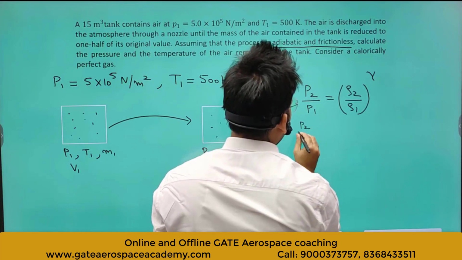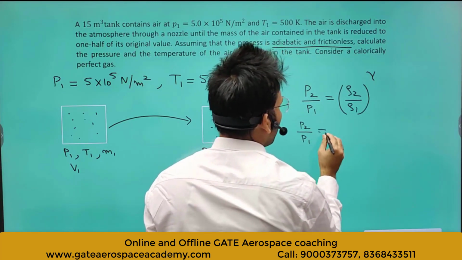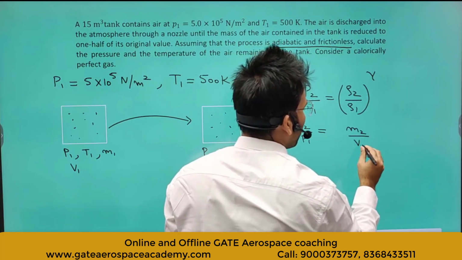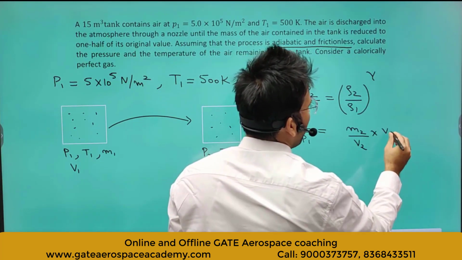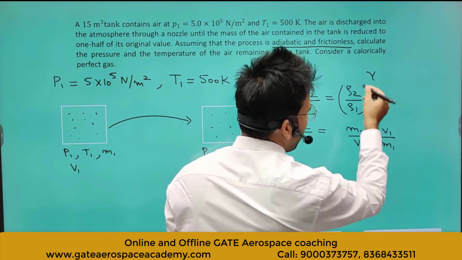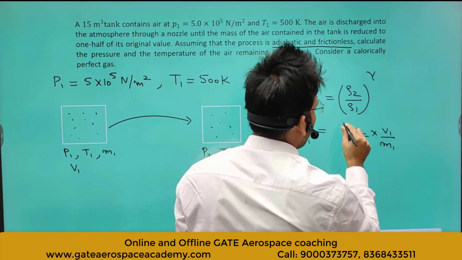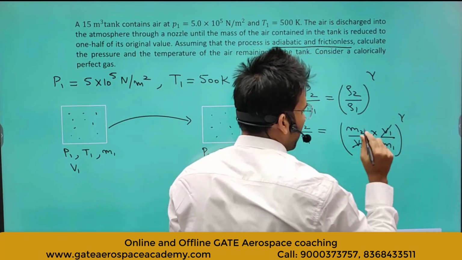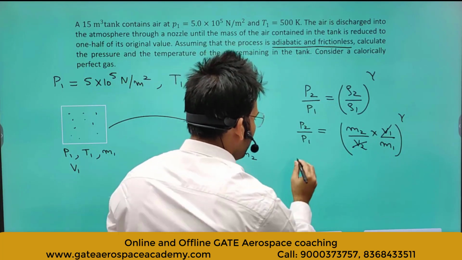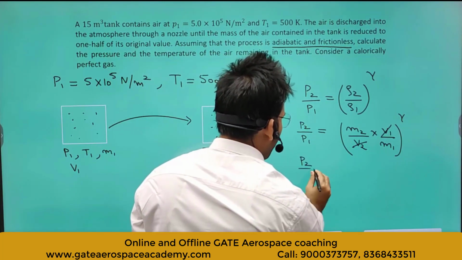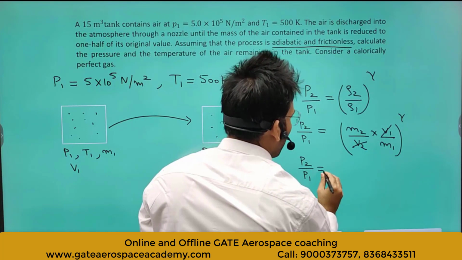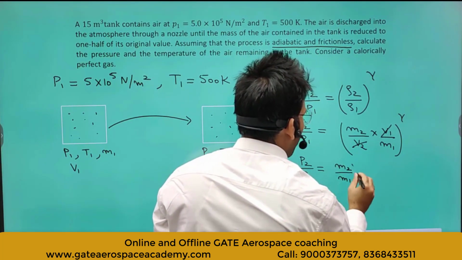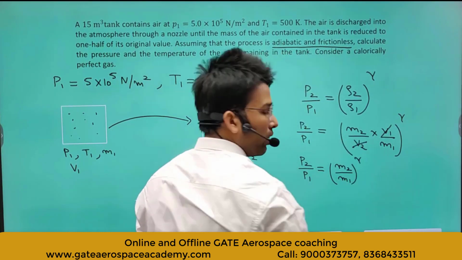So P2 by P1 is equal to, rho 2 is m2 by V2, rho 1 is m1 by V1, so it is V1 by m1. This will get cancelled out. We will get P2 by P1 is equal to m2 by m1 power raised to gamma.